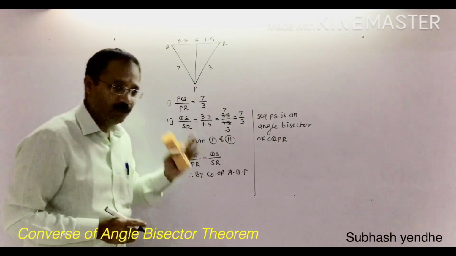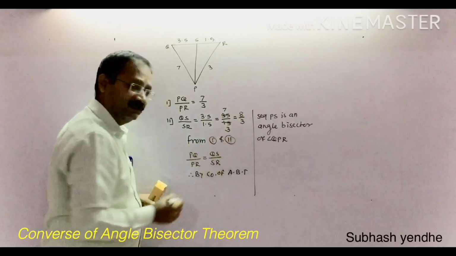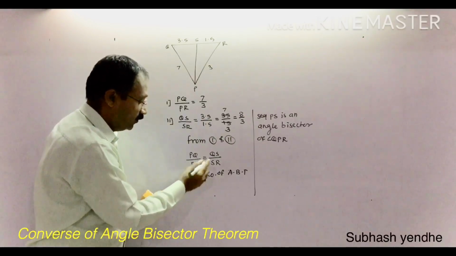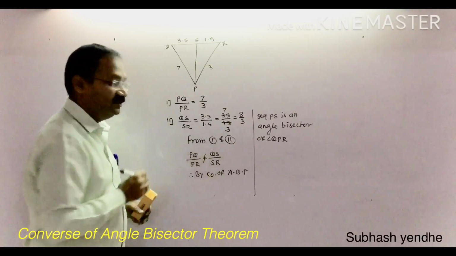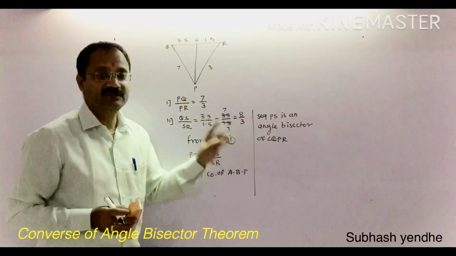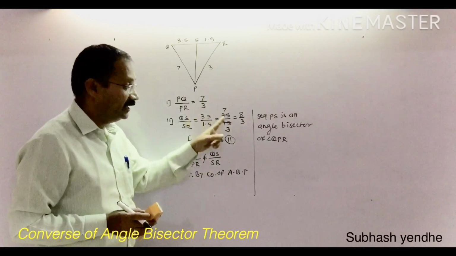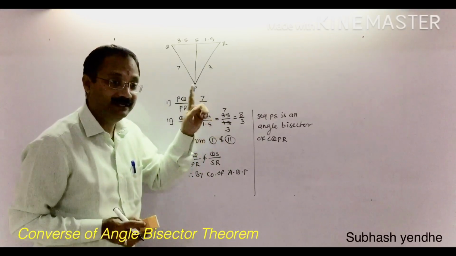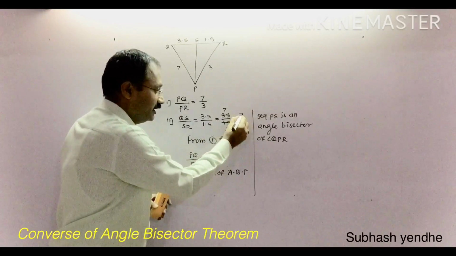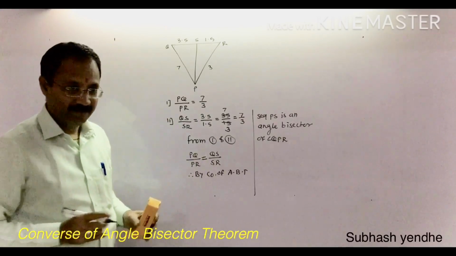But suppose you get the answer 8 upon 3, then is this ratio equal? No. Then we have to write that it is not equal, and therefore this is not an angle bisector. If you get a different ratio, then it is not. But here we get equal ratios. Therefore, this is an angle bisector.